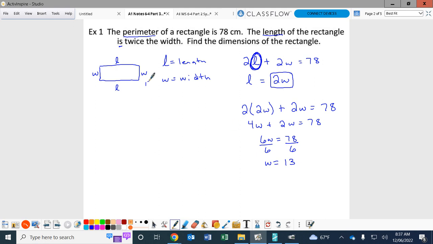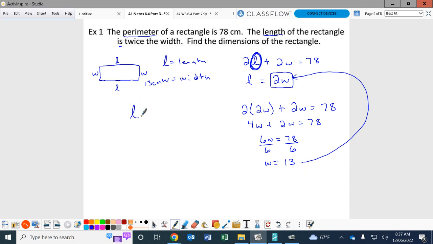Now, guys, this has a unit to it. What unit goes with the 13? 13 what? Centimeters is correct. Put that on there so that when you write your sentence, it's on there so you don't forget it. Okay, where do we plug it back into? Into the box, guys.